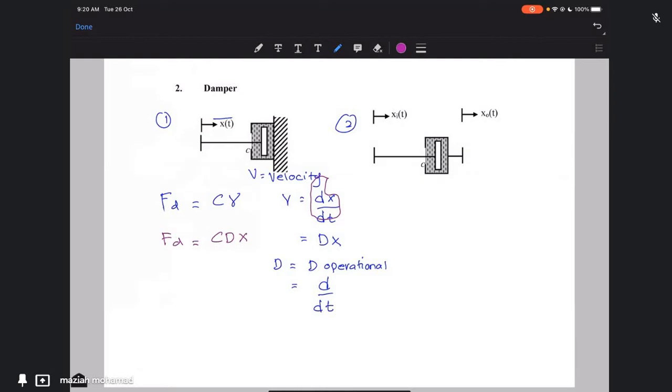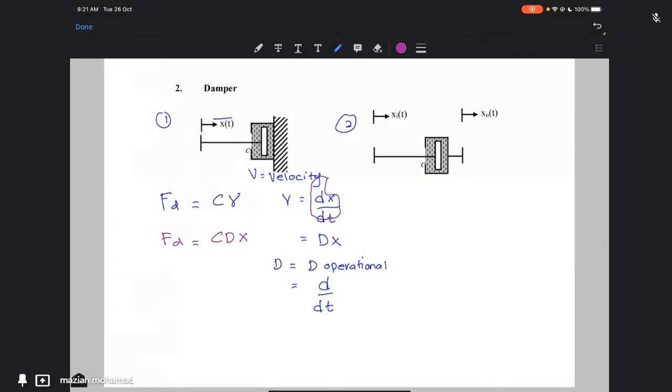This condition is true only when one end of the damper has a displacement while the other end is fixed. For the second condition, where both ends have a displacement, one end has xi displacement and the other end has x naught displacement.